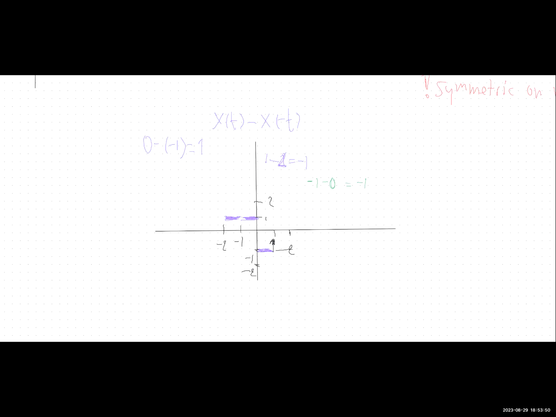Thank you, Alaya. Okay, that's correct. It's gonna look like this. So our final graph, not final yet, but x(t) minus x(-t) is gonna look like this.